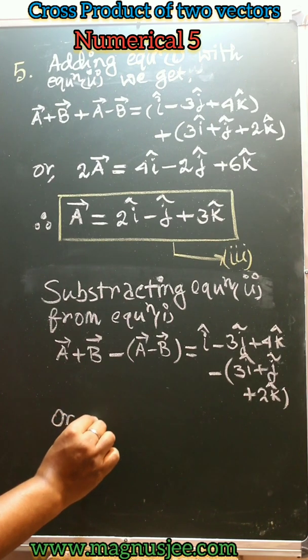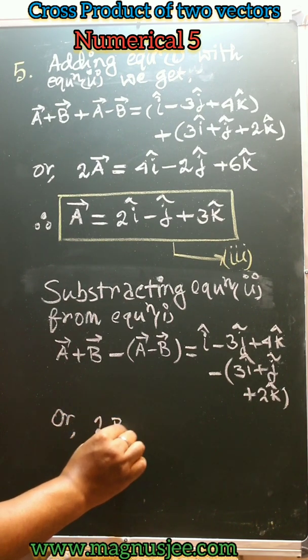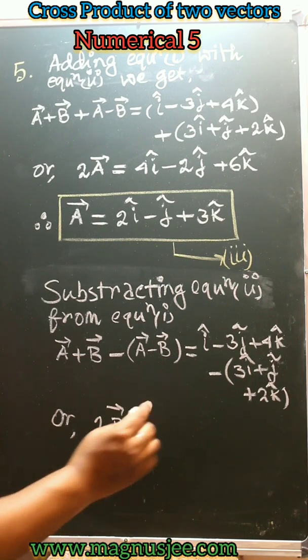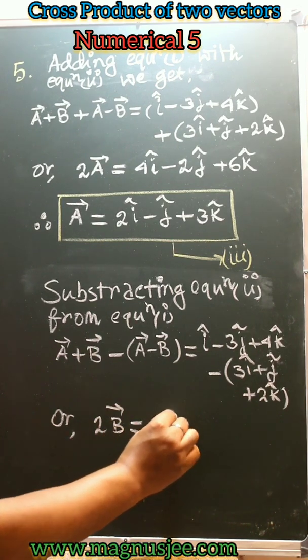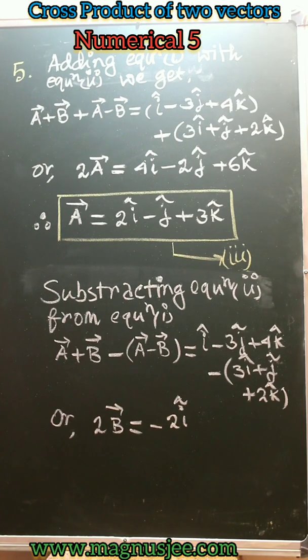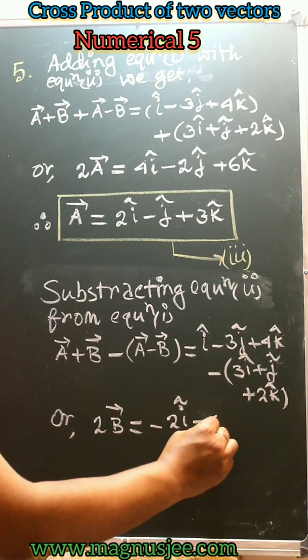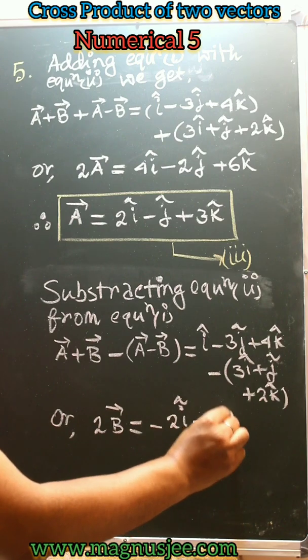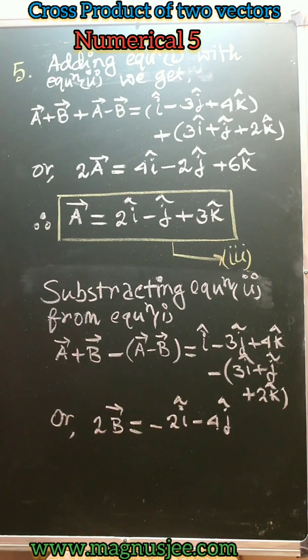Or, 2 vector B, vector A minus vector A will cancel out. 2 vector B will become minus 2i cap minus 4j cap and 2k cap.